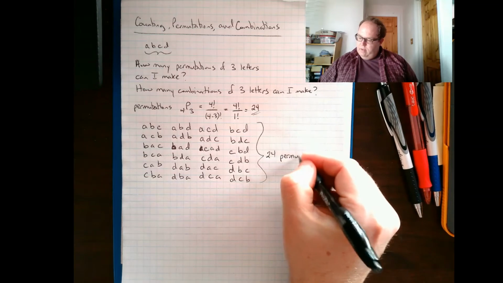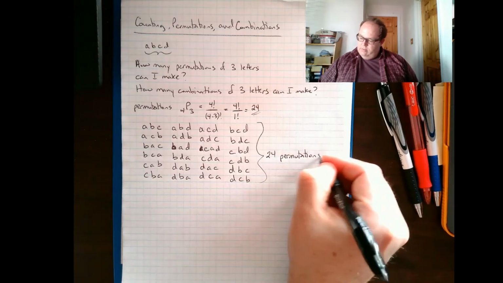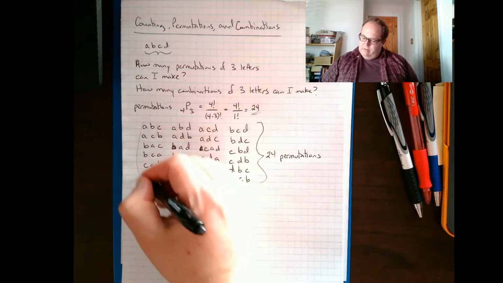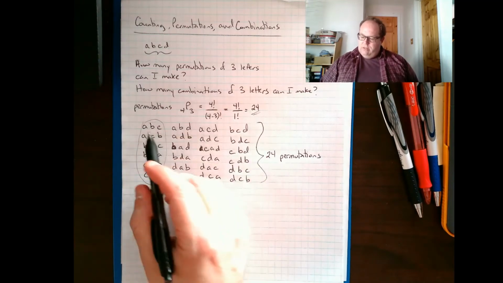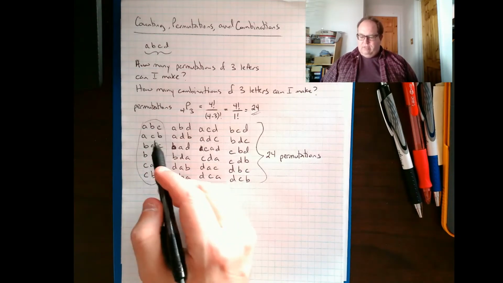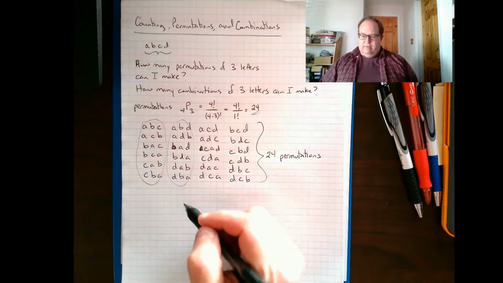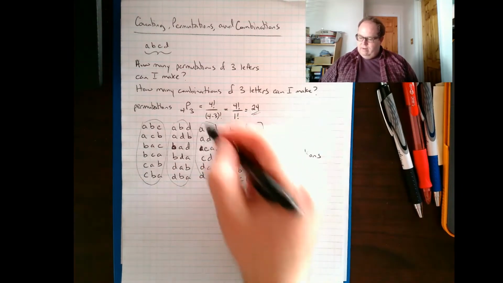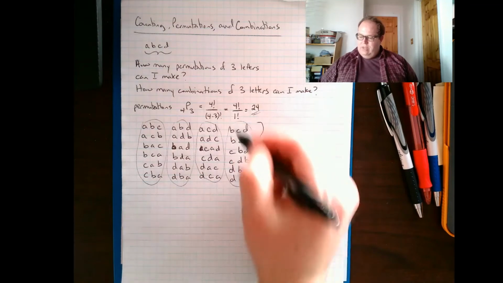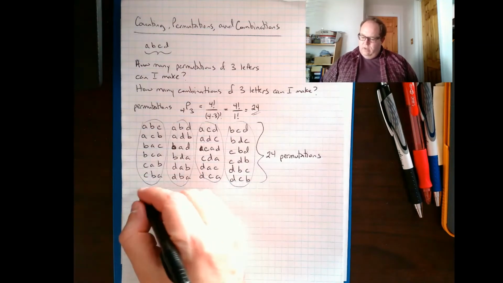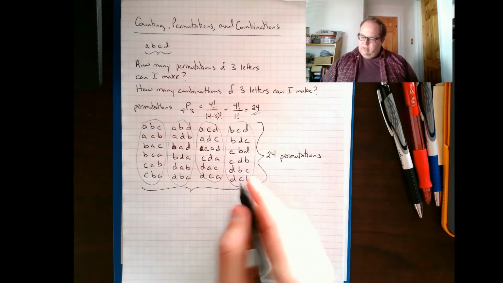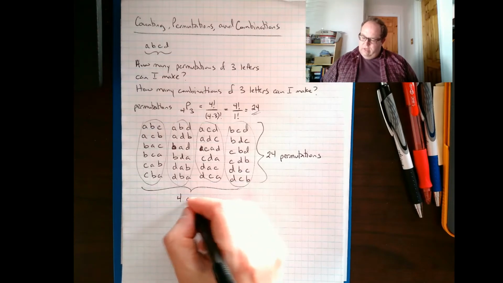But what you might also notice is that these are all the same 3 letters. They're all ABC. These are all the same 3 letters, ABD. These are all the same 3 letters, ACD. And these are all the same 3 letters, BCD. So in these 24 permutations, there's really only 4 different combinations.